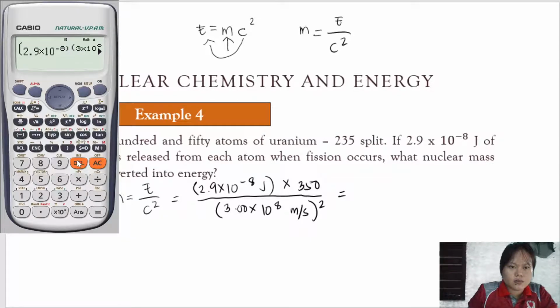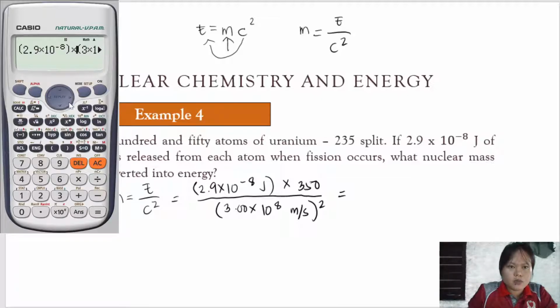Ay, ano ba yan? Times 10 raised to negative 8.